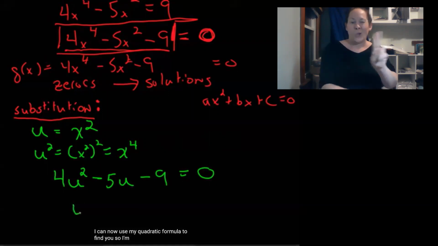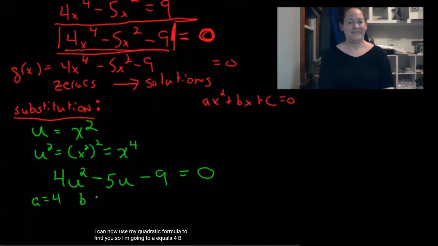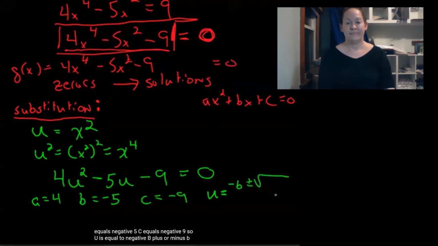So a equals 4, b equals negative 5, c equals negative 9. So u is equal to negative b plus or minus the square root of b squared minus 4ac, over 2a. Right?